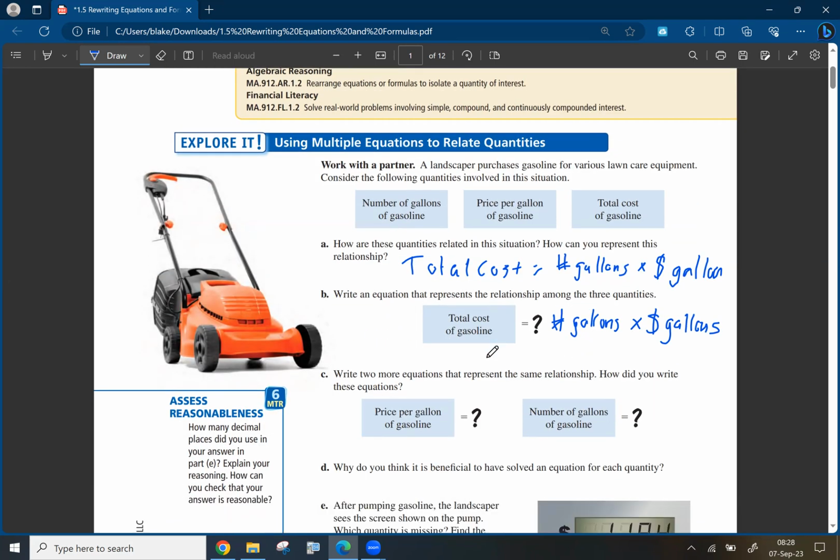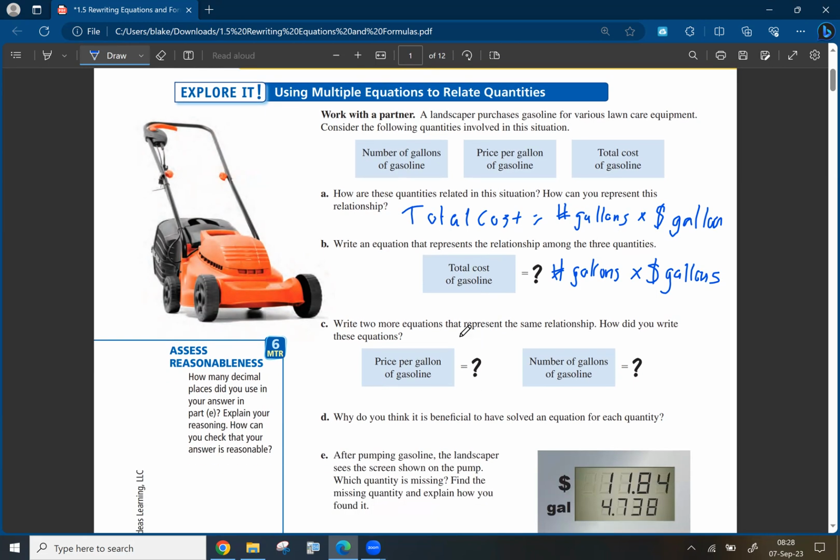Other than that, write two more equations that represent the same relationship. How did you write these equations? So now we're going to talk about price per gallon. Based on the other two, how could we calculate the price per gallon if we have the other two bits of information? We would do total cost divided by the number of gallons.